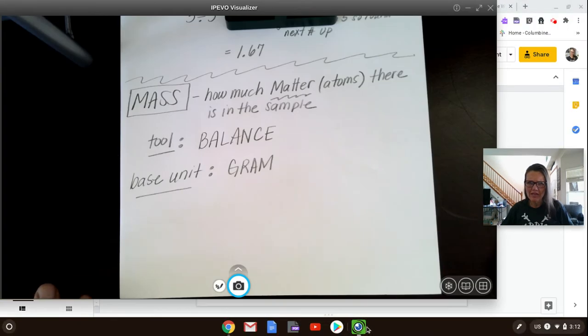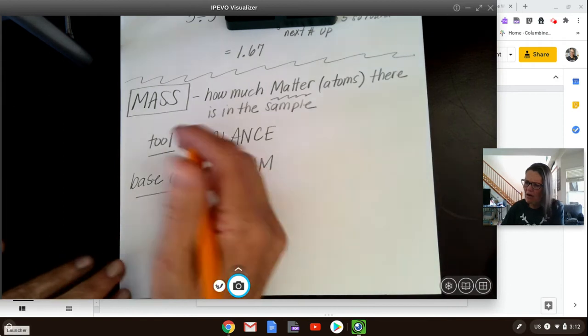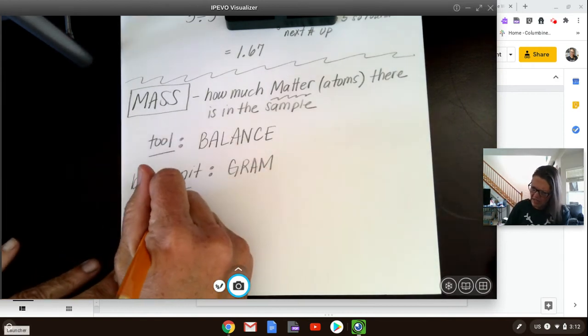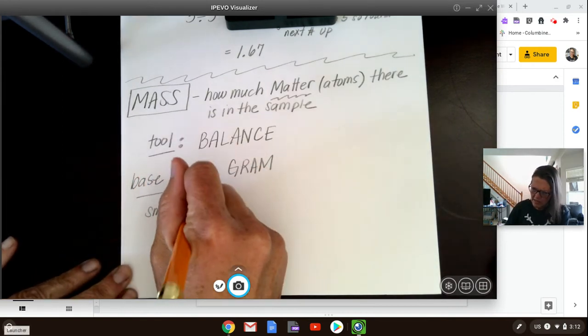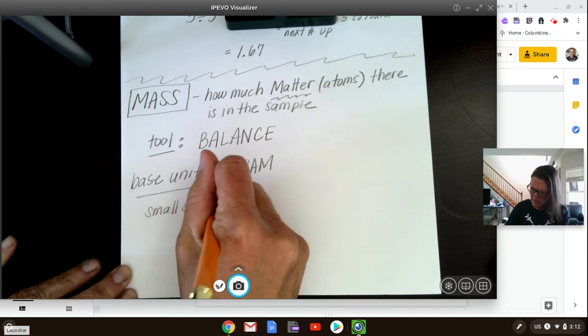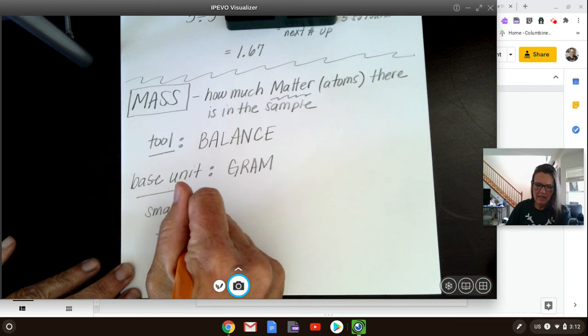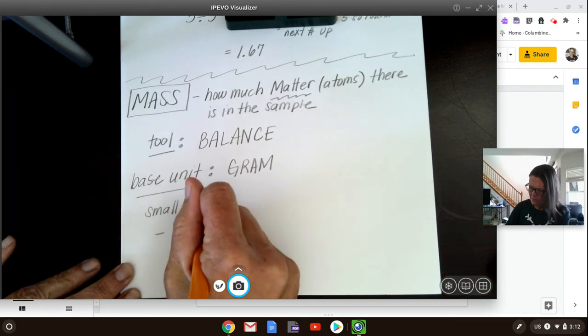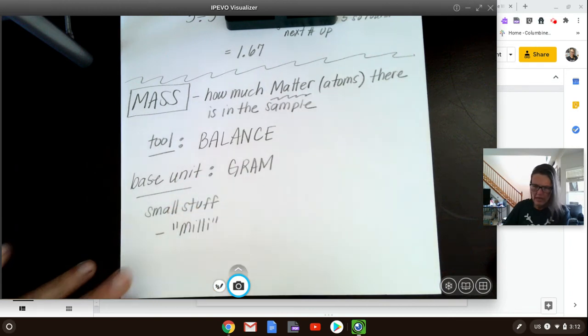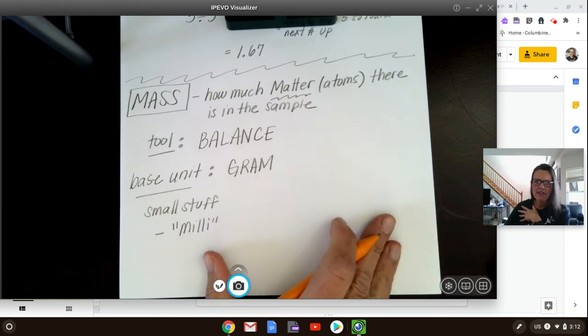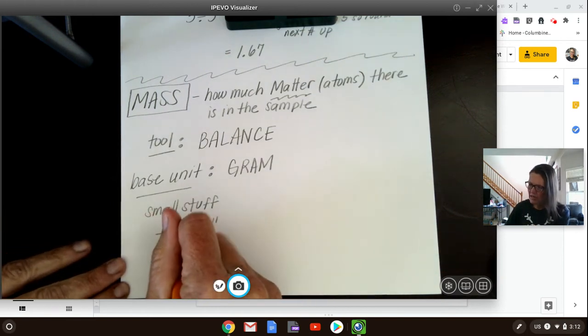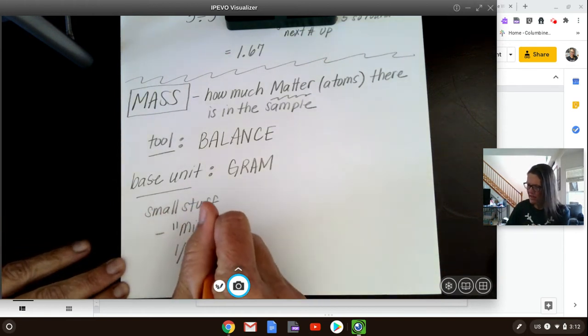Let's put that information down. So when we are talking about small things, you're going to use the prefix milli. In case you didn't know that, the prefix milli refers to 1/1000th.